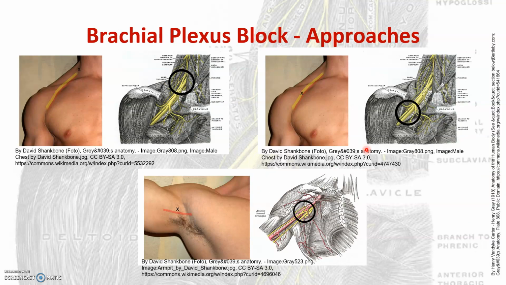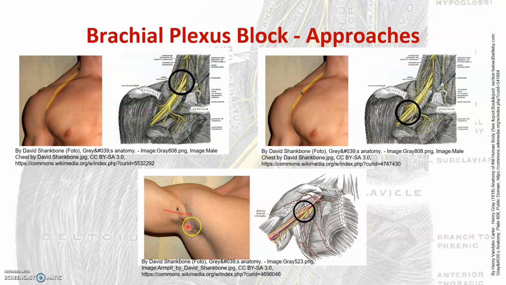Here are three approaches to the brachial plexus for the purposes of regional anesthesia. The first in the upper left corner is the interscalene approach, high up in the neck, aimed at blocking the plexus at the roots. The second is the subclavian approach, so the needle goes in below the clavicle but above the first rib, and here we're aiming at the trunks and the proximal aspect of the cords.